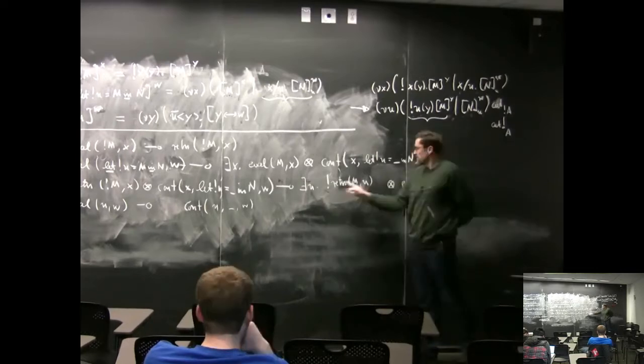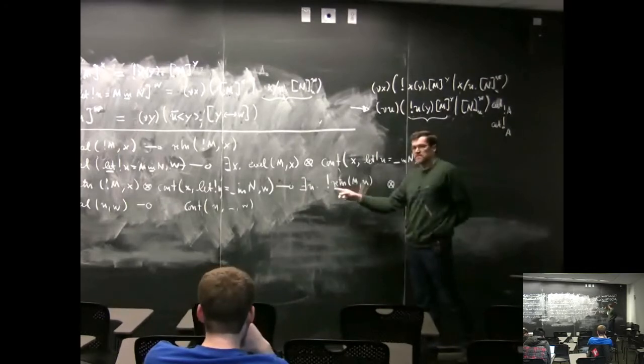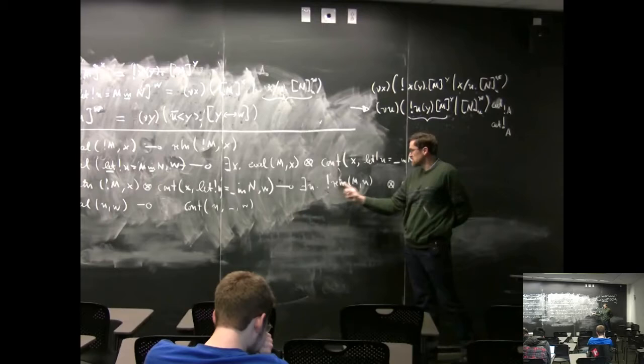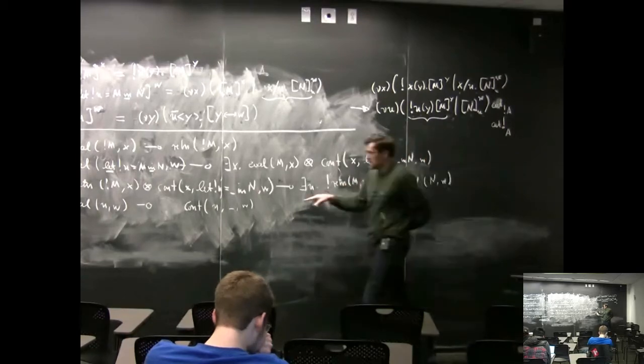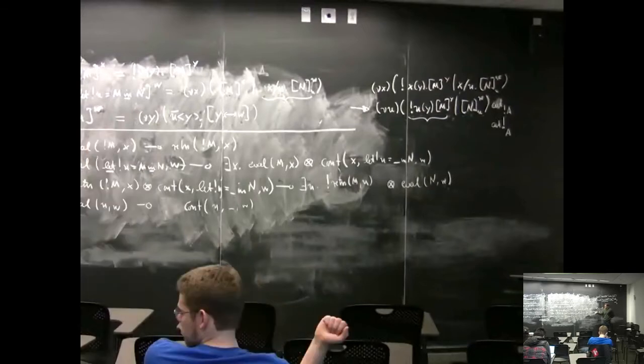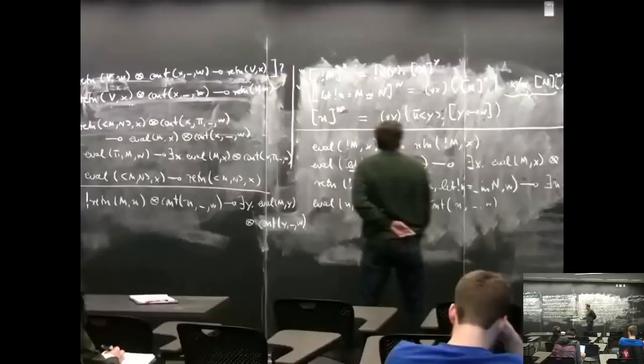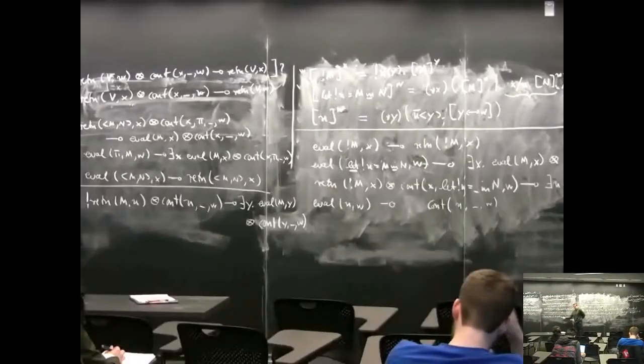So you introduce a new u, you break down the tensor into this, and then because there is a bang in front of it, and it's invertible on the left, it's moved into the persistent context. So this thing, return mu, will be in the persistent context, which means that it can participate in this interaction as often as it needs to. That is, as often as the variable u is being referenced.